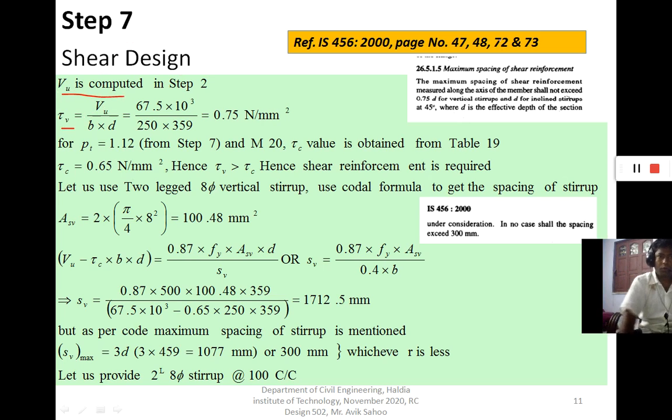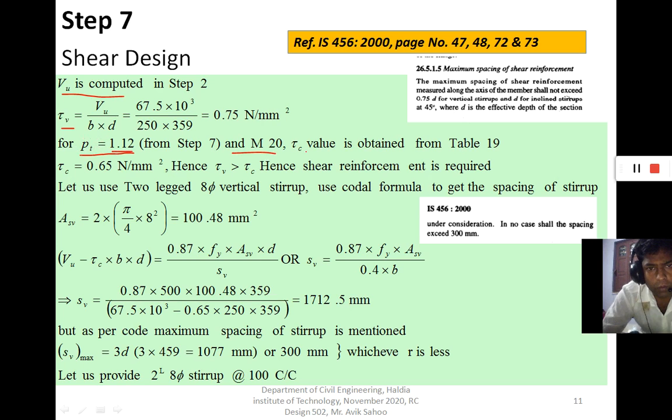So find out the nominal shear force, then find out the percentage of tensile reinforcement, which we have already calculated for the steel we have provided, and we get the corresponding percentage of tensile reinforcement, that is 1.12.